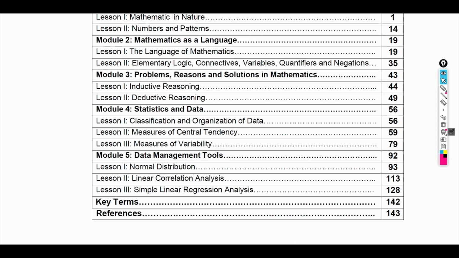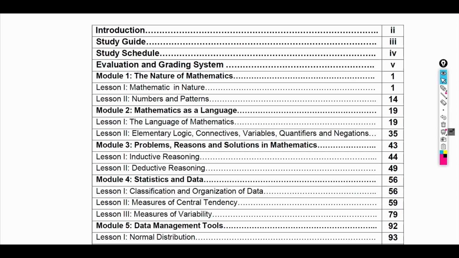Now take note, since there are 5 modules, what I have provided is only module 1. The provision of module 2 will only be released immediately after the deadline of every module.